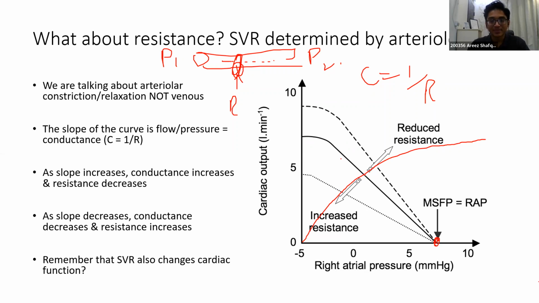As I increase venous return, we said it equals cardiac output. Venous return is determined by PSF minus right atrial pressure, the pressure gradient. If I increase right atrial pressure, that means the pressure gradient decreases. That means venous return decreases. That means preload decreases. That means cardiac output decreases.